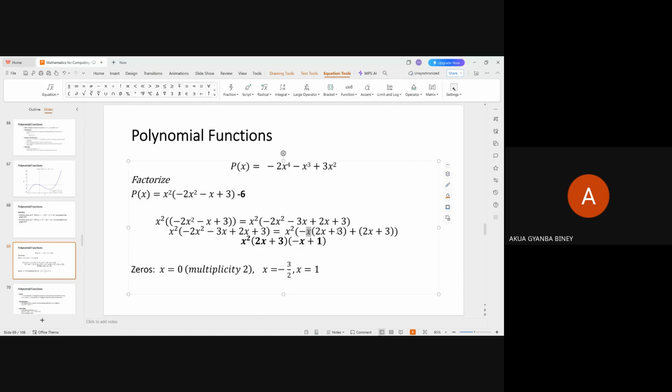You get 2 plus -1, which will give you minus x into 2x plus 3 plus 2x plus 3.